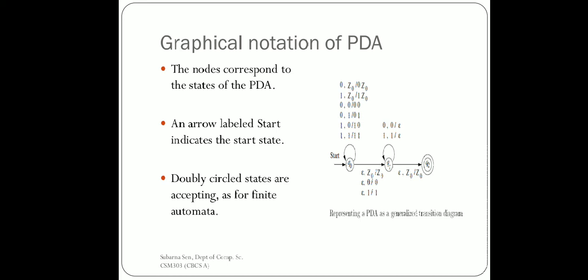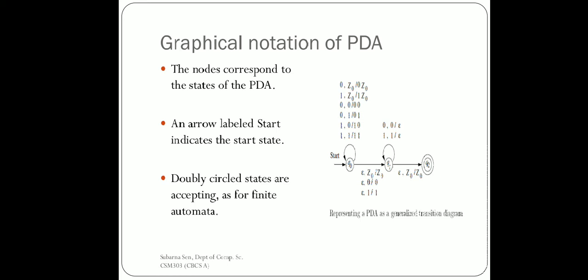Now first point says that the node corresponds to the states of the PDA. Right, so we all know that in case of finite automata the scenario was exactly the same. To represent the states we used some nodes, and inside the circle we used to write the name of the state, right?